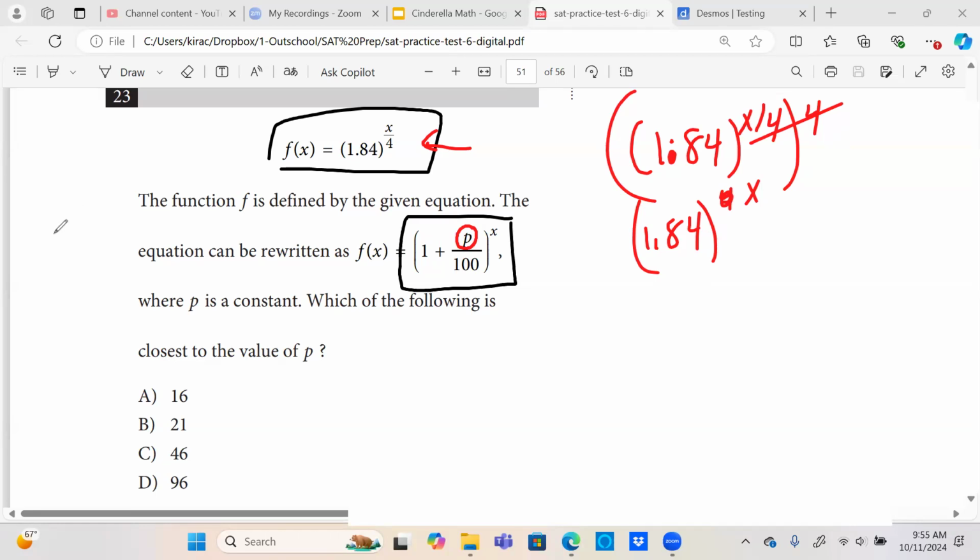But we had to take it then to the fourth power. So basically, we multiplied this by 4. We need to do the opposite and take this p, which was 84, and divide it by 4.